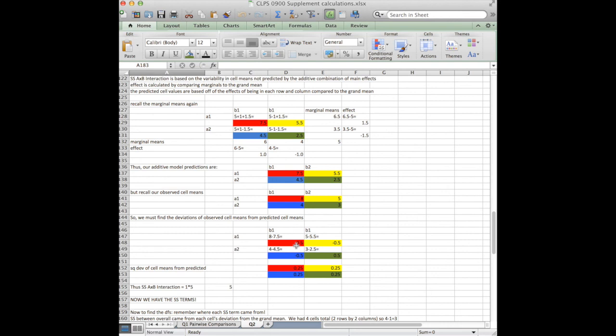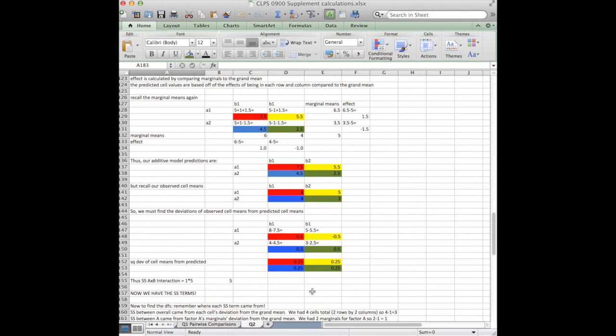Then the next thing we do, as always, is square the deviations that we just found. So 0.5 squared is 0.25, and negative 0.5 squared is 0.25, 0.25, and same thing for the yellow cell and the green cell. Then all we have to do is sum all of these.